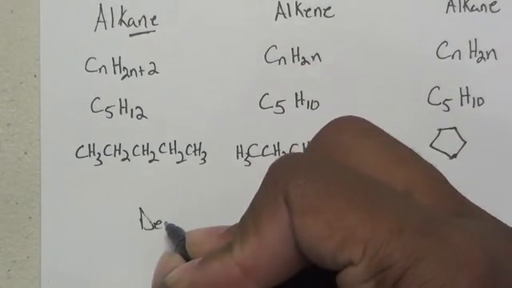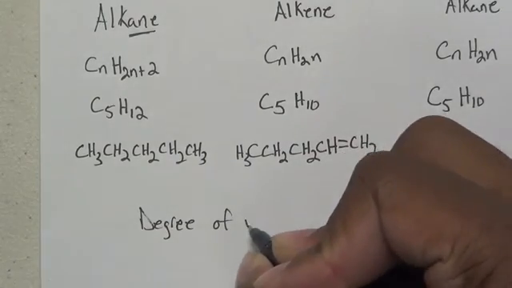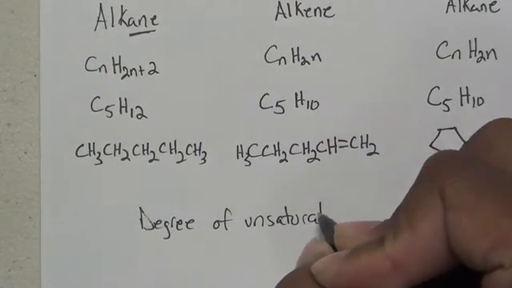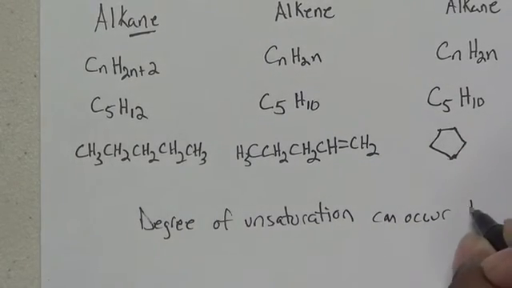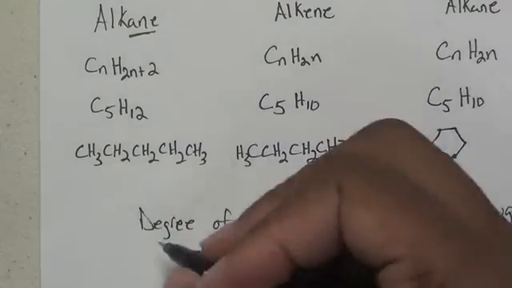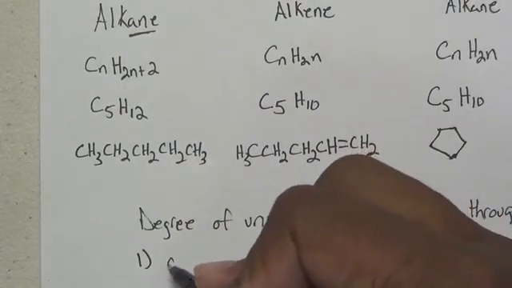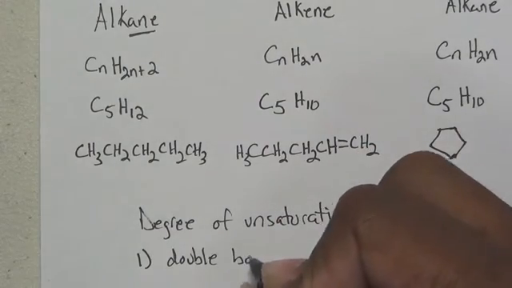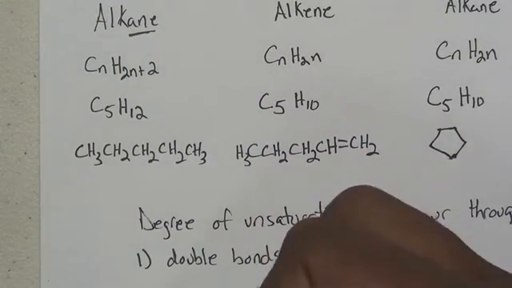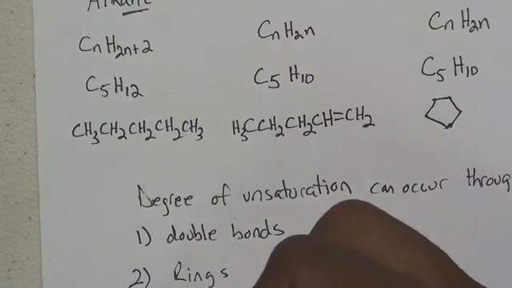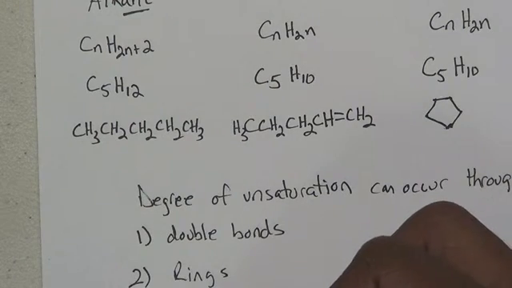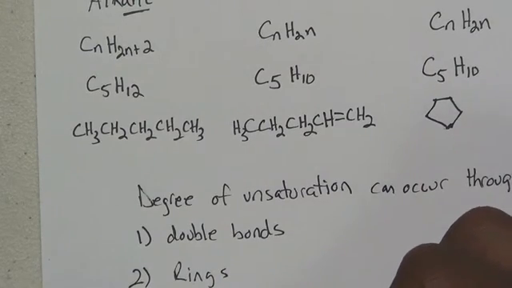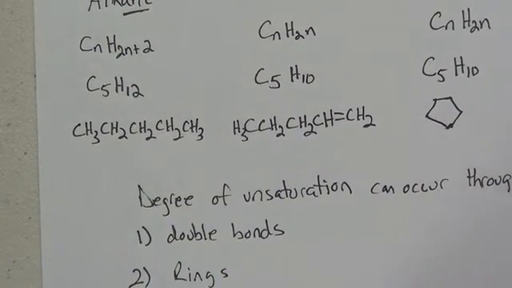So a degree of unsaturation can occur through 1, double bonds, 2, rings, 3, which is not shown here, but it can also be shown through a triple bond, because a triple bond is made up of 2 pi bonds and a sigma bond.